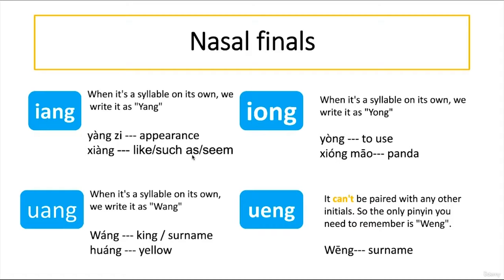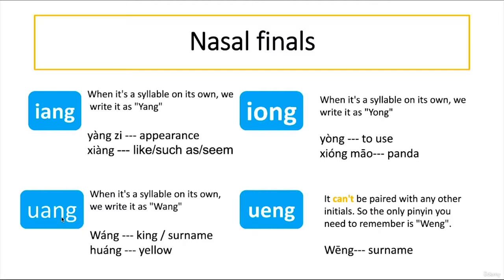Next one, iong. 用. When it's a syllable on its own, we write it as yong. For example, 用 means to use. 熊猫 means panda.